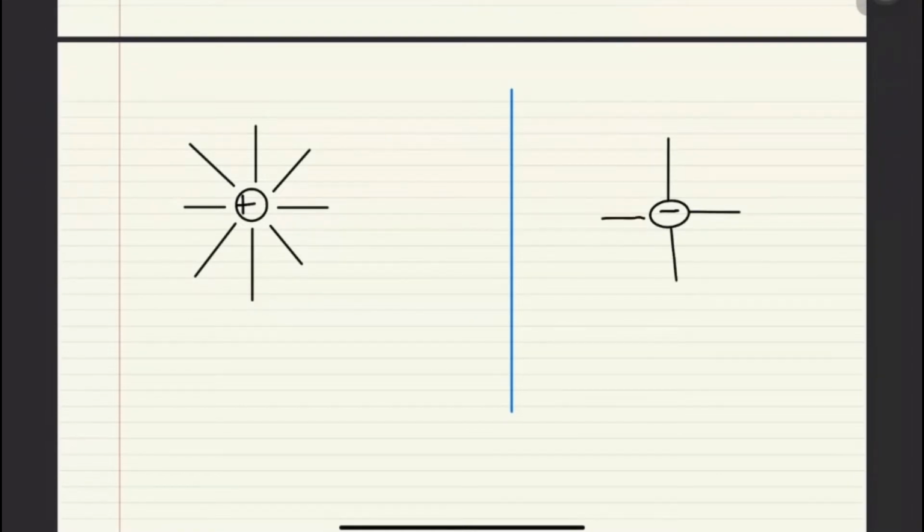So kamu ada charge. This is dia punya field. Kamu dah baca kan? Kalau positif, electric field tu radially outwards? Adakah masuk towards charge ataupun keluar daripada charge? Outwards, keluar. Kalau negatif, dia masuk.